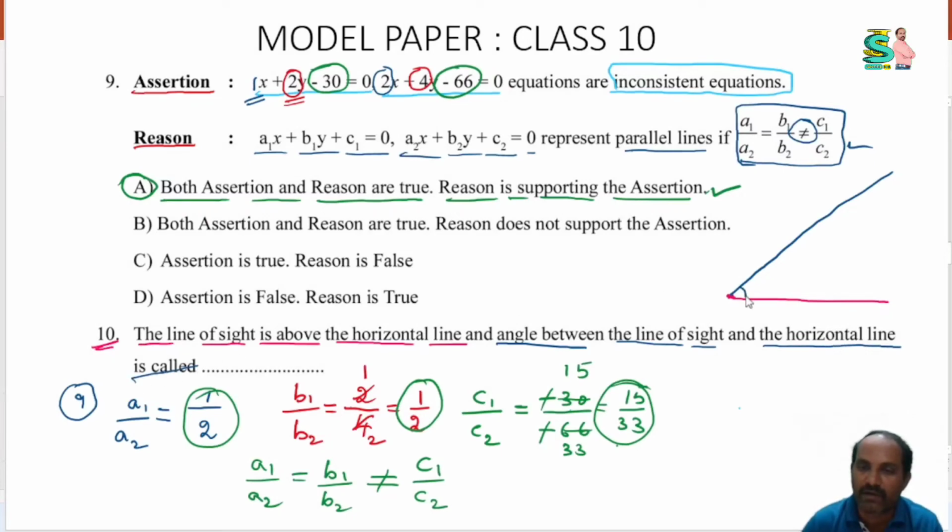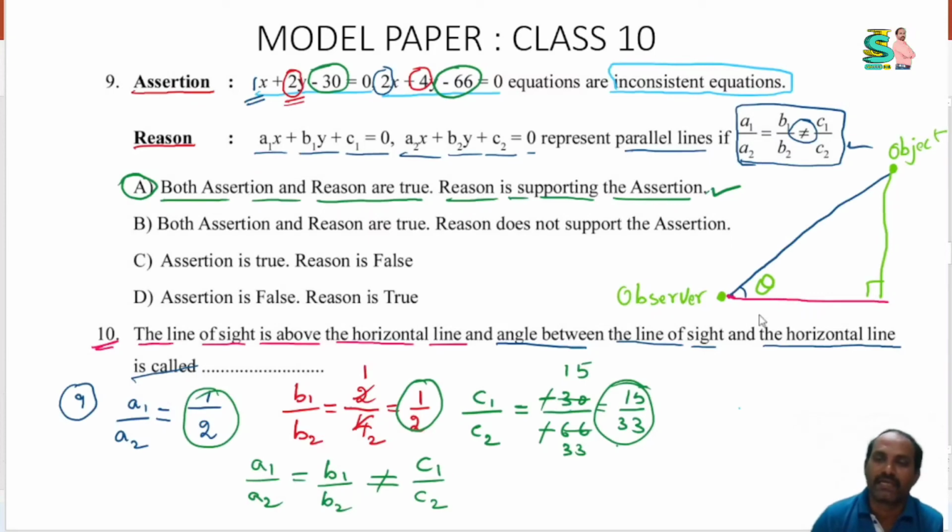Now this angle we are going to find. What is the angle? This one. This one is the object on the top. Here the observer is there. So this angle, this theta, what is this angle called?